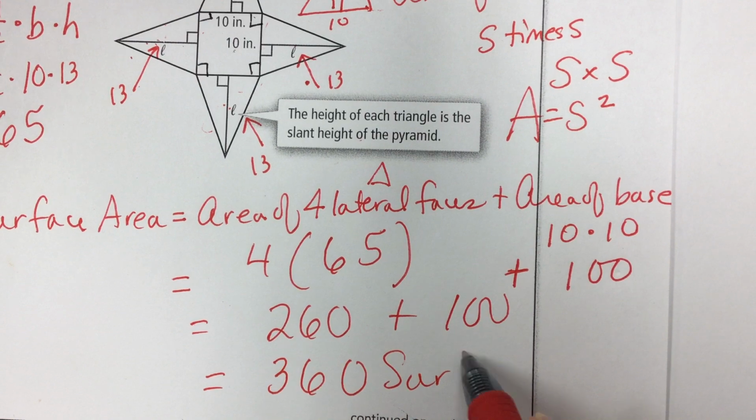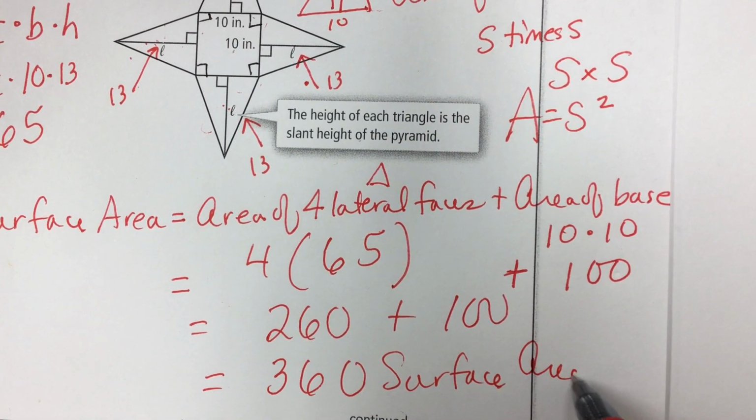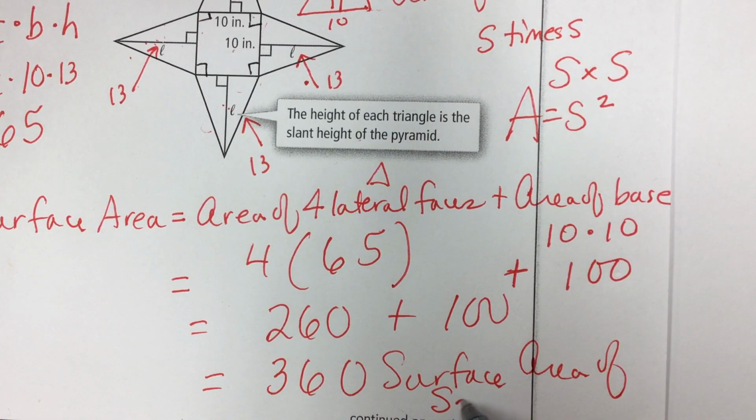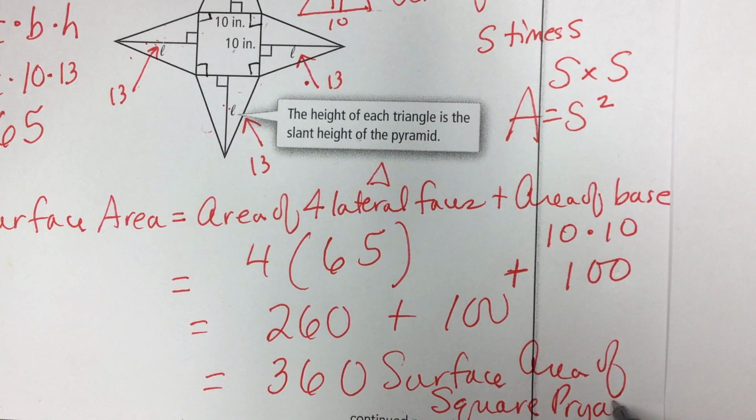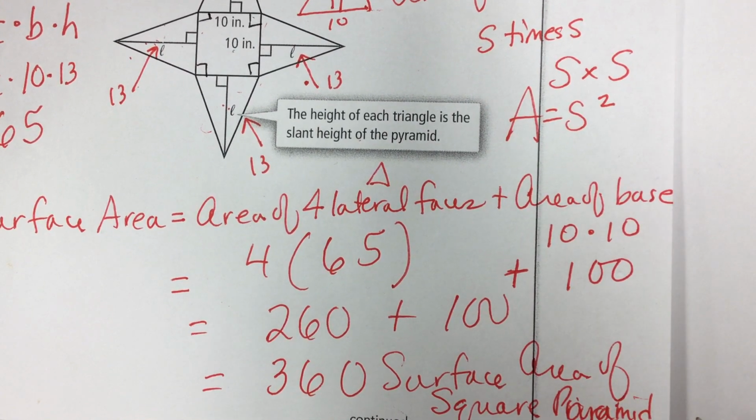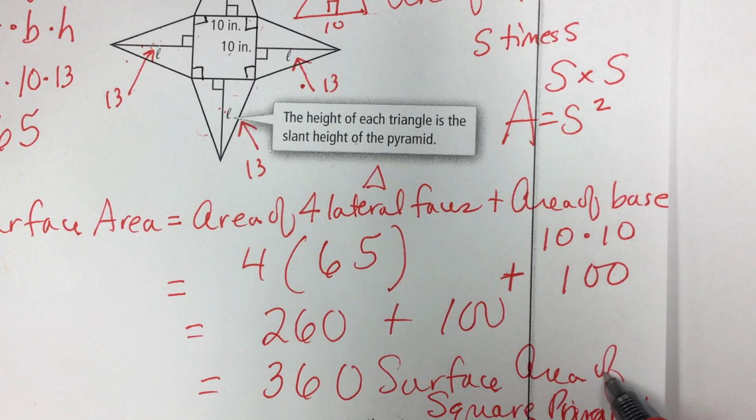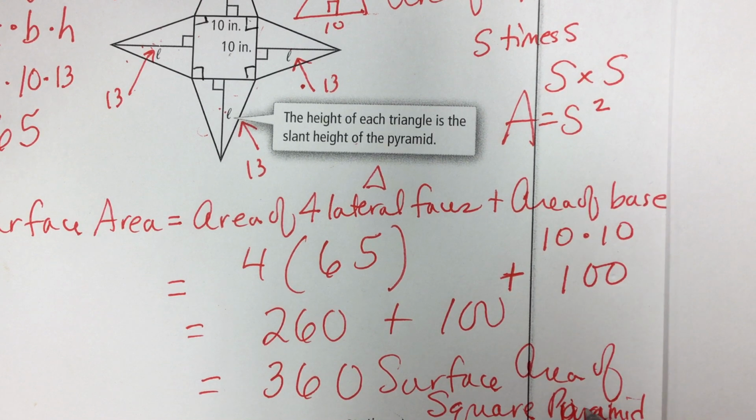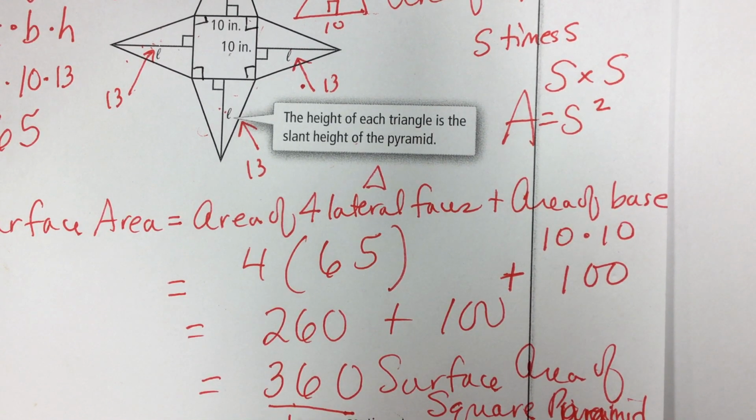Therefore, the surface area of the square pyramid is 360, and that's inches squared.